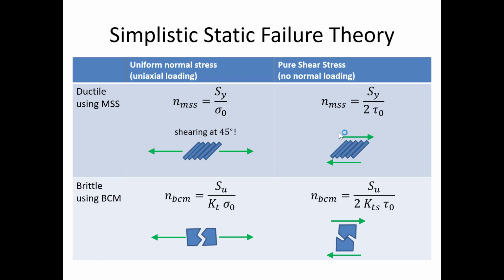And if it's in pure shear, you see the same sort of slipping occurring, but between the rectangles in this direction they're getting compressed, so that looks like a compressive normal stress, versus the rectangles in this direction being stretched a little bit, so that's the tensile principal stress.